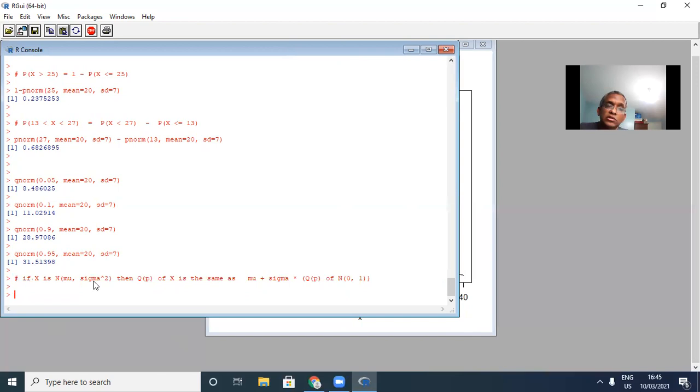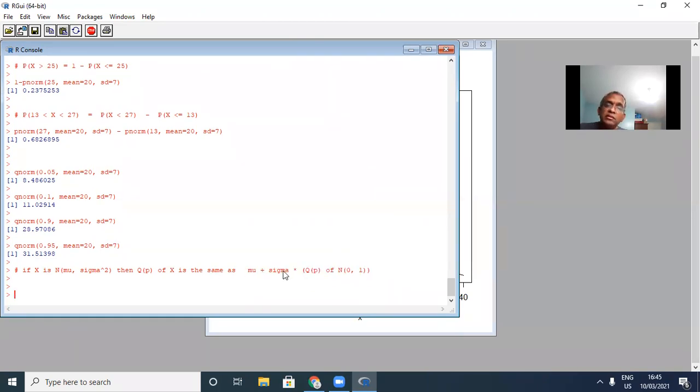If X is a normal variable with mean mu and variance sigma squared, then the quantile function of that variable X is the same as mu, the mean parameter, plus sigma, the standard deviation parameter, times the quantile function of the standard normal, N(0,1).